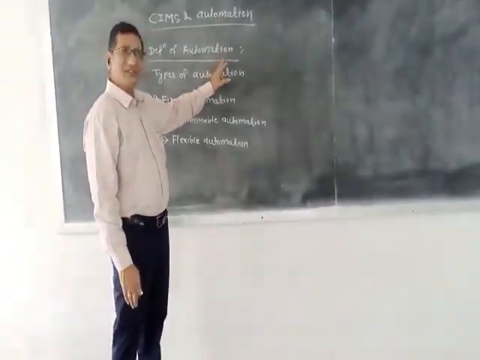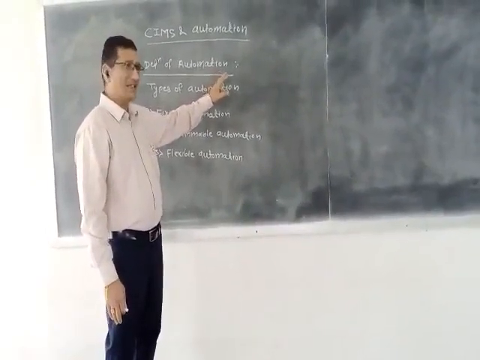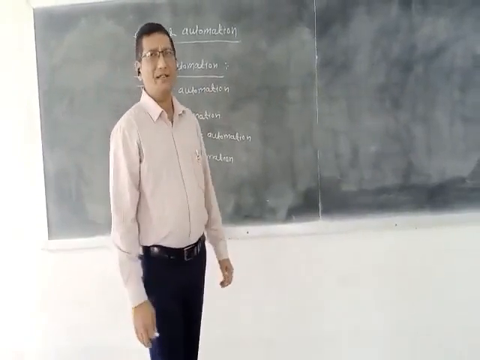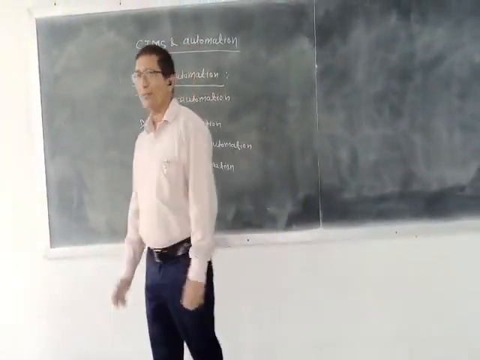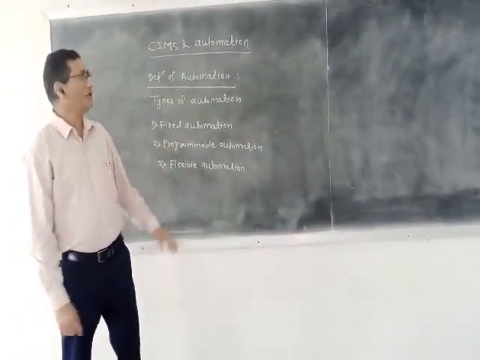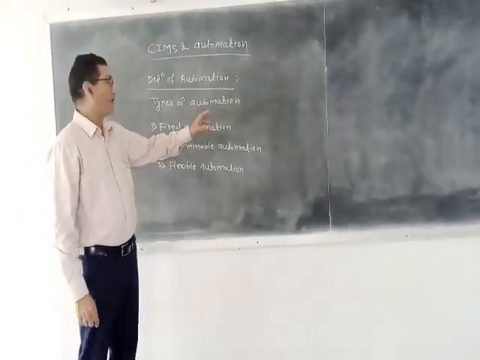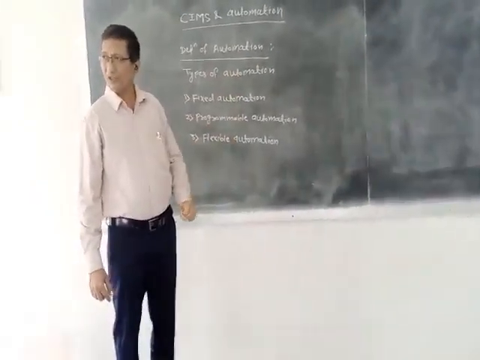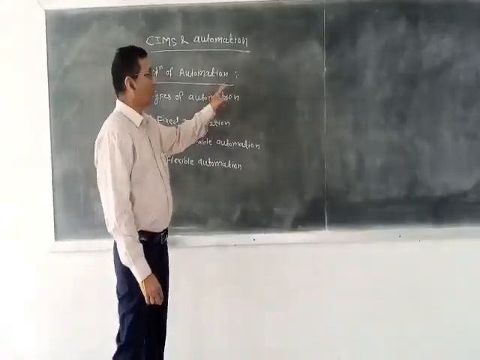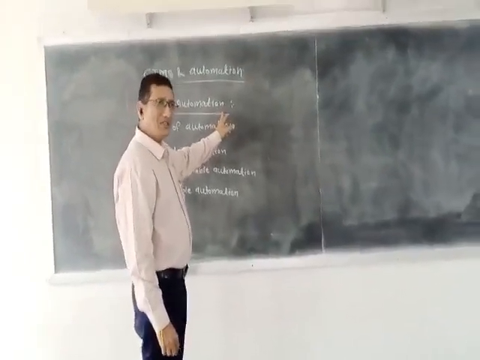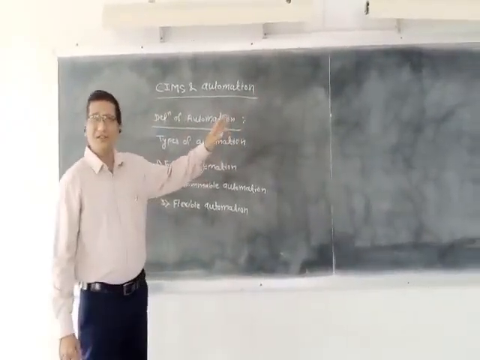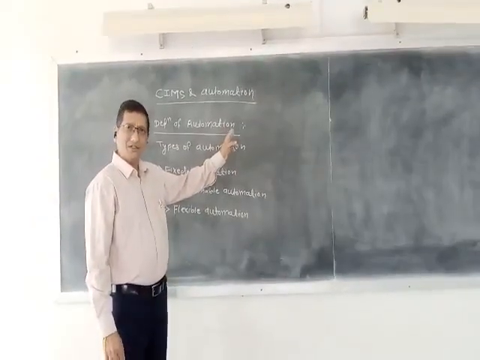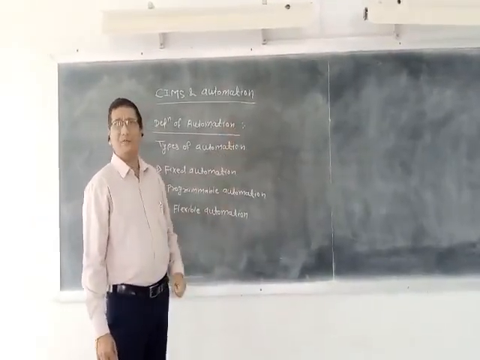Automation can be defined as a technology concerned with the application of mechanical, electronic and computer based systems in order to control and operate production. Being mechanical people, our focus will be more on the production system, so the potential application of mechanical, electronic and computer based systems to control production can be defined as automation in production.